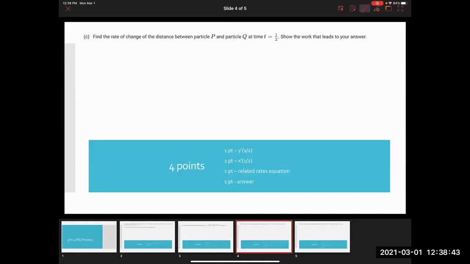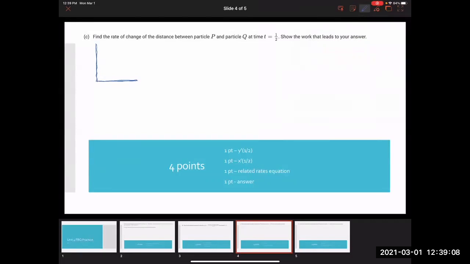And before we can even solve for anything, we need to know what is the relationship we're even trying to work with here. So that's where that picture that I was mentioning is going to be important, in my opinion. So I'm going to draw, again, we're going to assume that particle P and particle Q are in the first quadrant, positive time, positive distance.